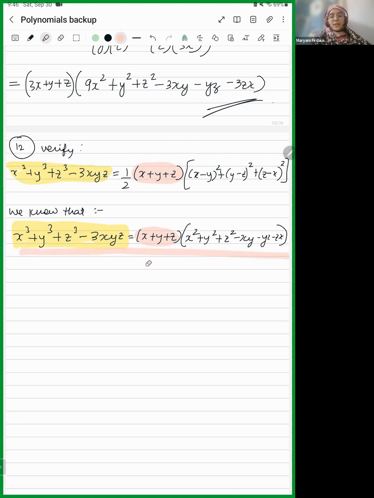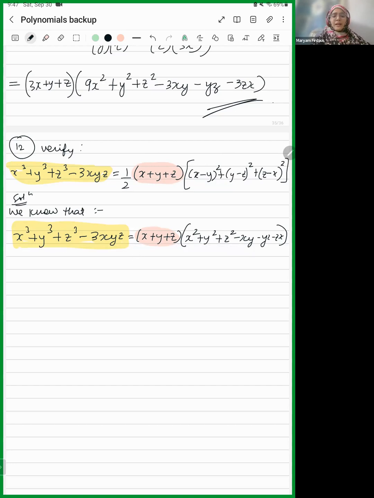So now this question says you have to verify that this x plus y plus z, this entire thing. Now we are starting with the solution. We know that this identity is there from the previous class. Now we notice one thing.